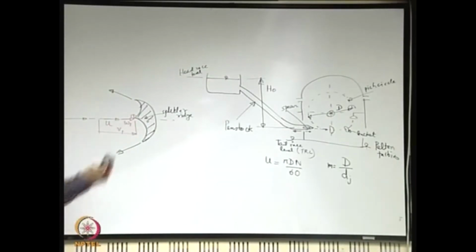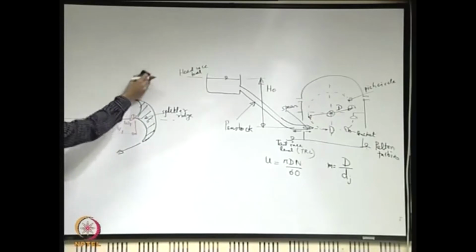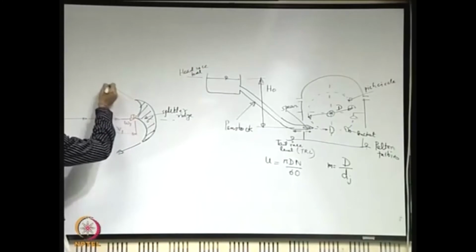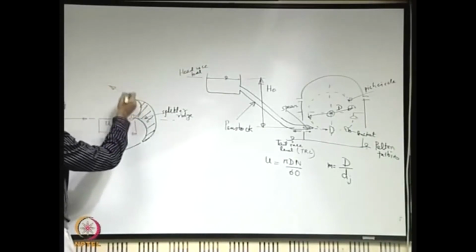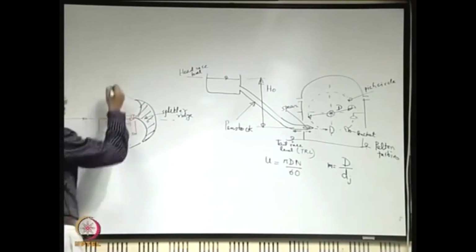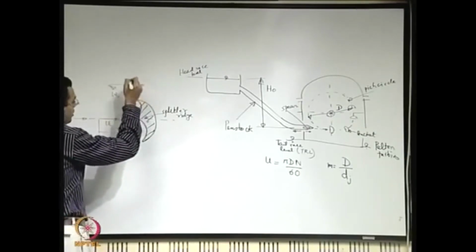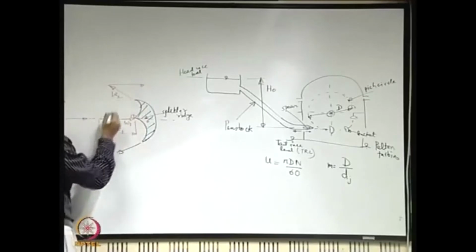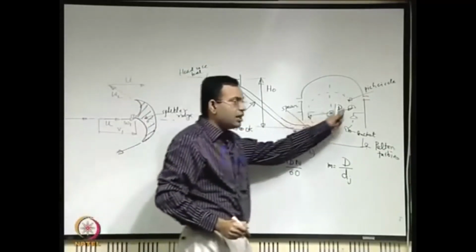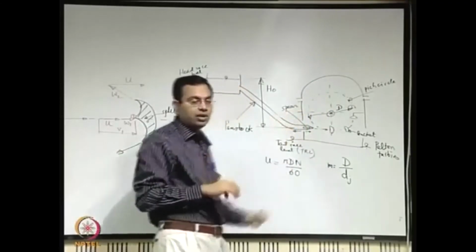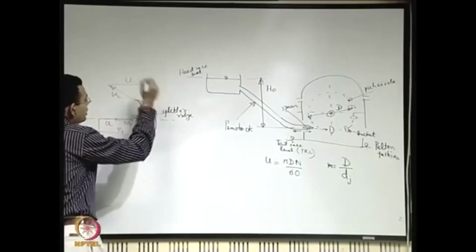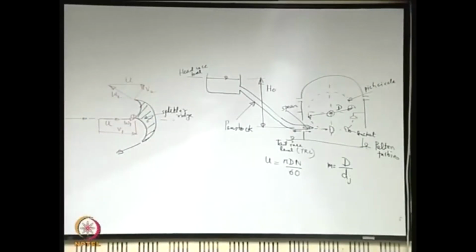Now when the fluid leaves the blade passage, it has a change in direction, so it has a relative velocity with respect to the bucket, which is w2. Then u2 and u1 are the same, it is the same u, because it is the same radius, no matter whether it is the inlet or the outlet, and therefore the resultant velocity is the vector sum of these two.